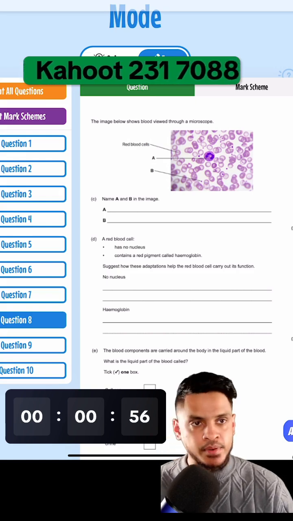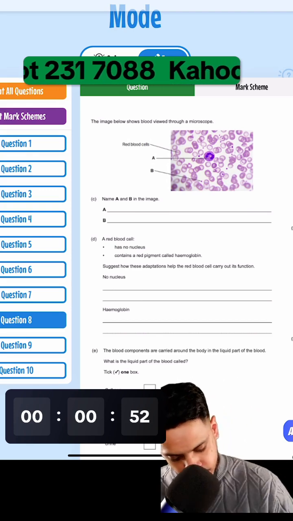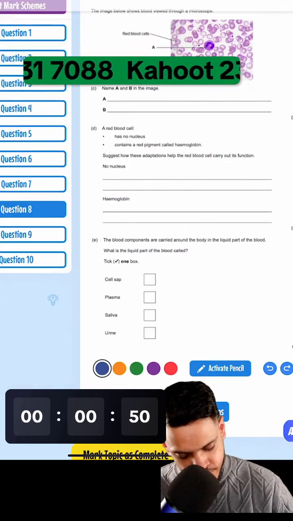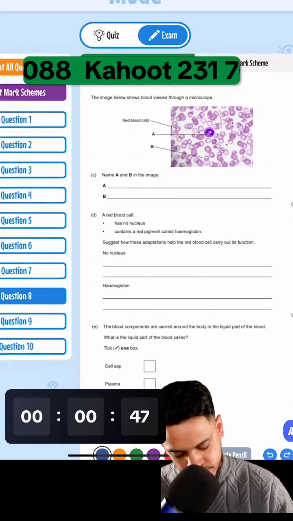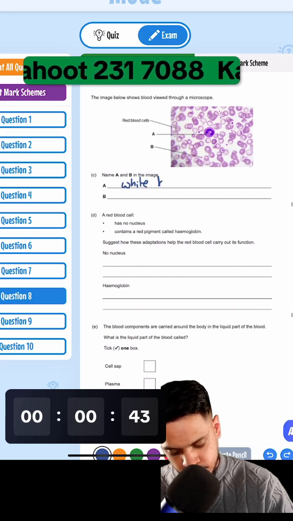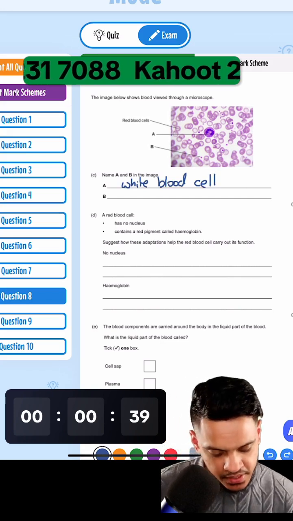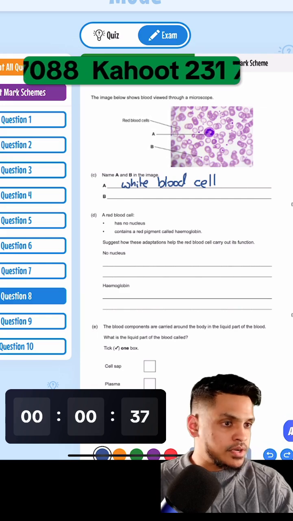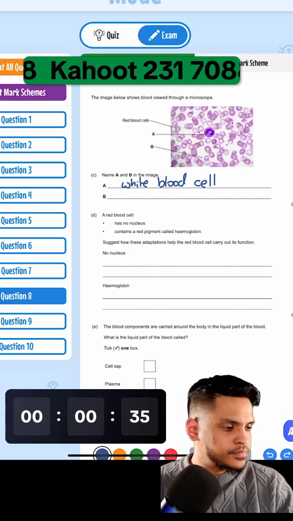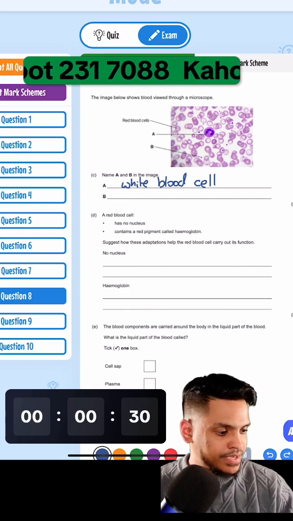So the red blood cells, remember, they're the ones with the biconcave shape. So it's not that. That's already been labeled. The bigger ones are the white blood cells. And B in the image is much smaller fragments of a cell. So that would be the platelets.